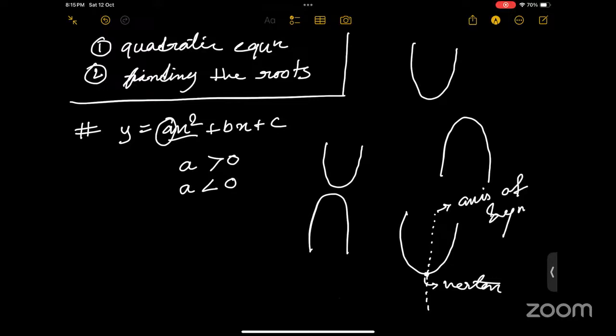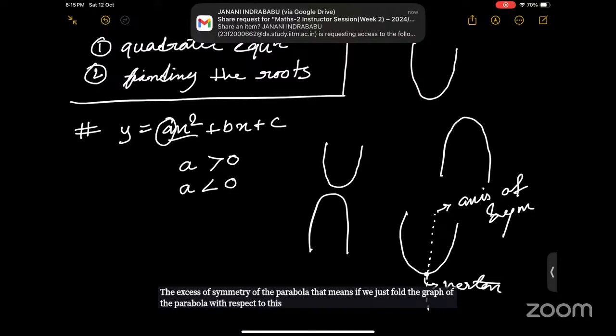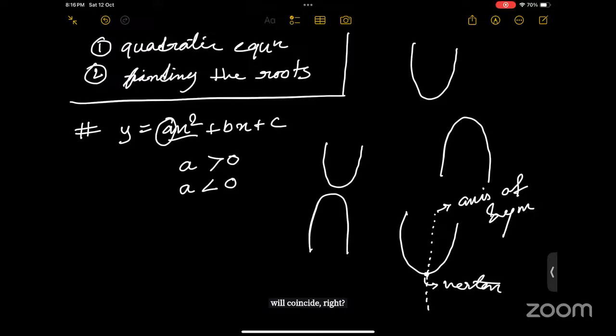That means if we fold the graph of the parabola with respect to this line, both sides will coincide, right? This is the axis of the parabola. This is the vertex.